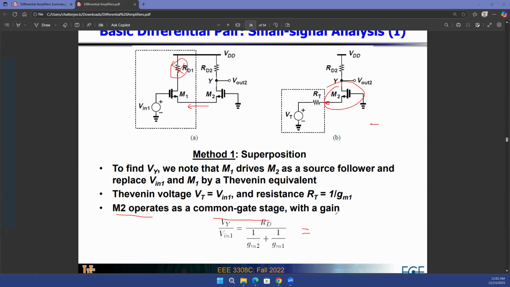But I can just write it down as GM2 times RD2 divided by 1 plus GM2 by GM1.